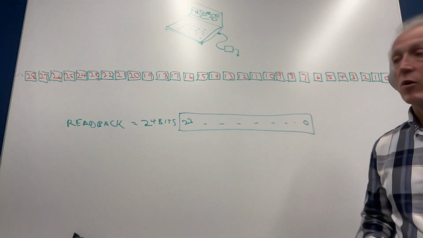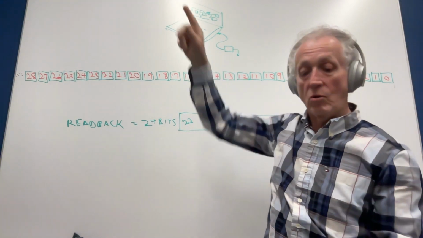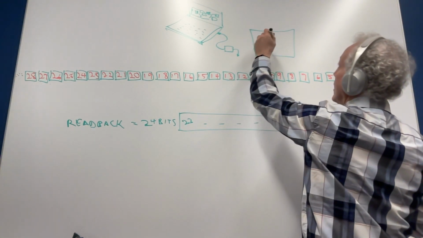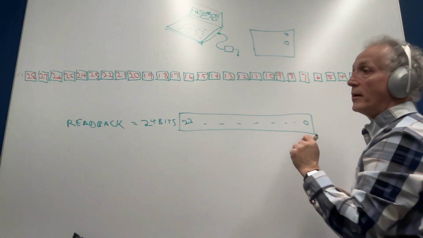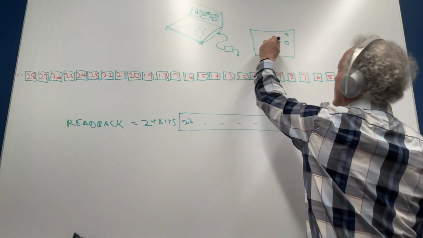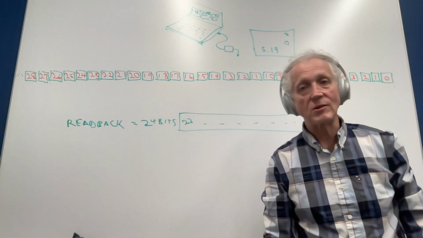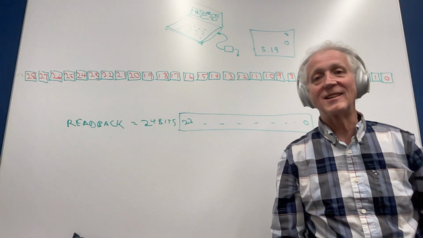That's what gets transferred up to the computer and shown. This is why in the software box, when you select fixed point, it'll say 5.19. It won't say 5.23. It'll say 5.19. You add those two up, it's 24 bits.